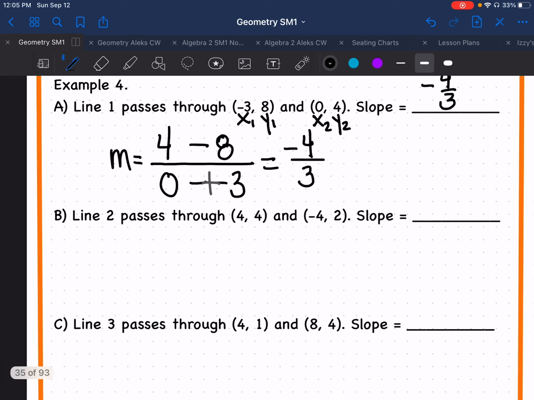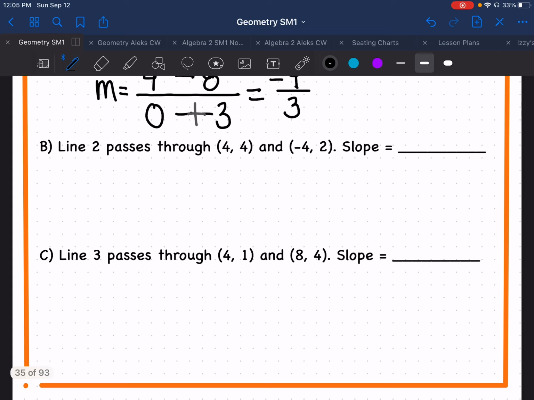Let's take a look at another one. Line 2 passes through the point 4, 4, so x1, y1, because these are the first x and y's that I see, and negative 4, positive 2, x2, y2. Every single time. Don't ever call them x and x, y and y. Make sure they're x and y, x and y. All right, let's go ahead and plug it in. Remember, in the numerator of our fraction for our slope, we're going to subtract our y's. We're going to do y2 minus y1.